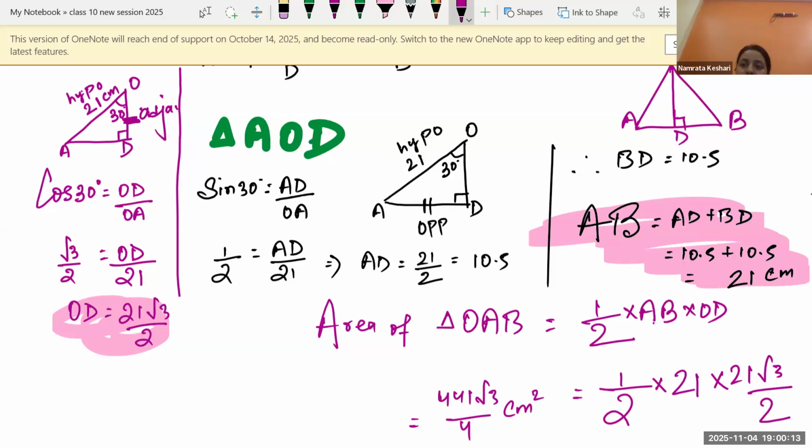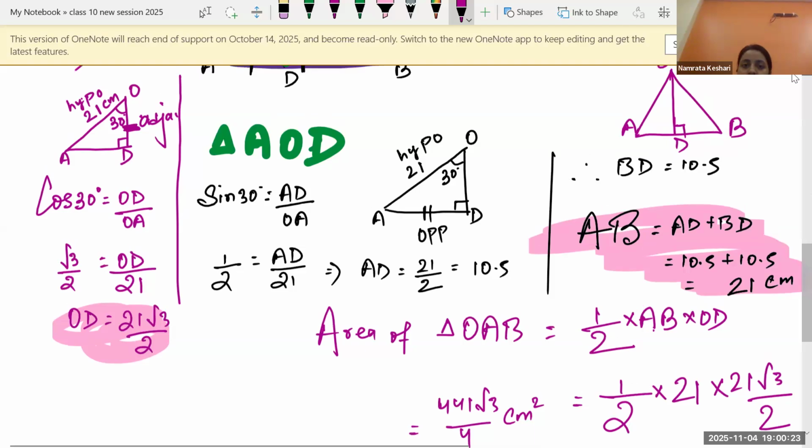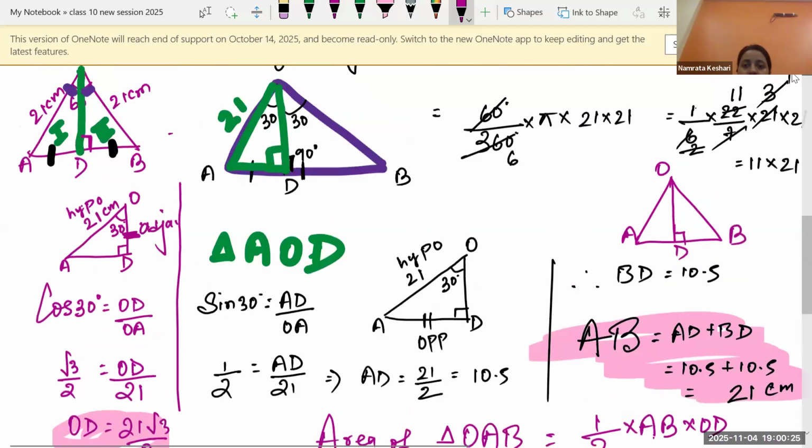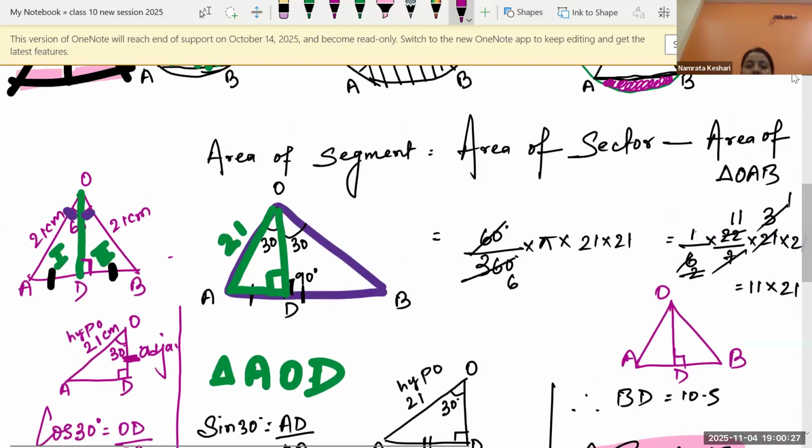Okay, now still we have to find the area of the segment. Our sector's area was 11 into 21. Okay, this was the area of the sector. 11 into 21 will be 231.